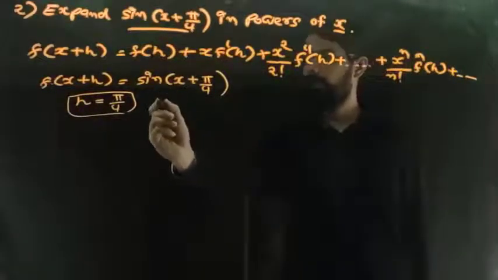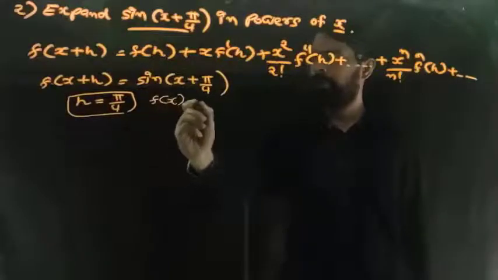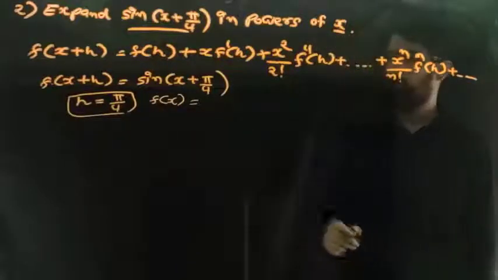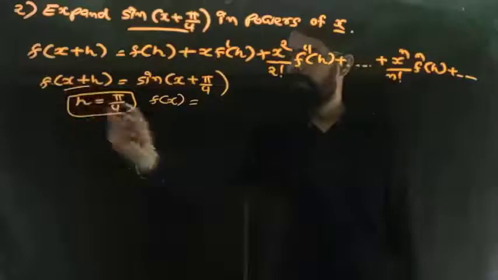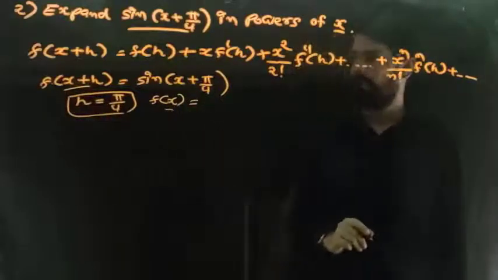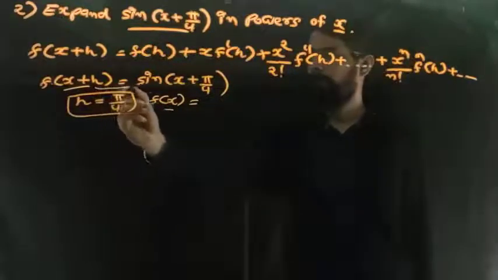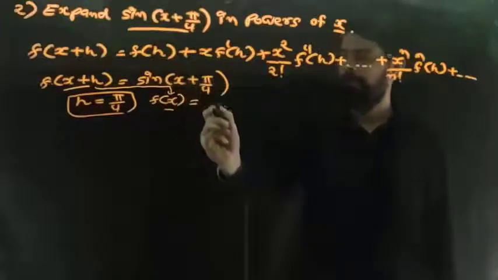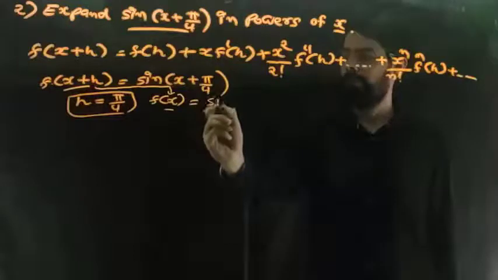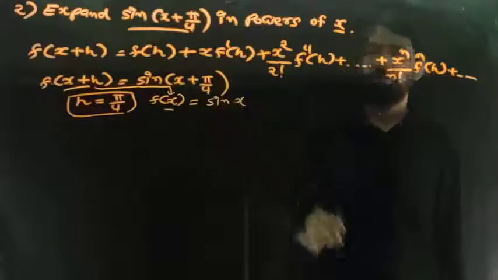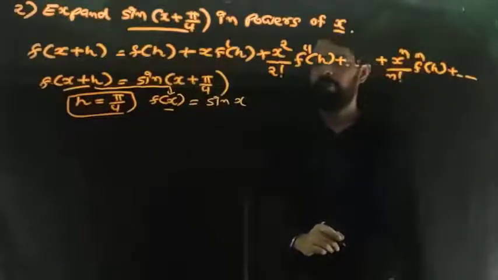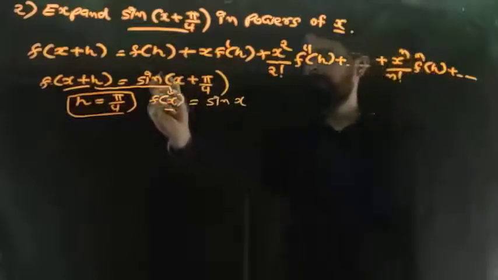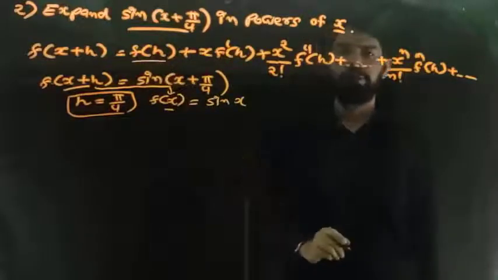Now we will have to find f of x. For that, replacing x plus h by x, it will be sin x. So f of x is sin x. First step, we will find f of h.